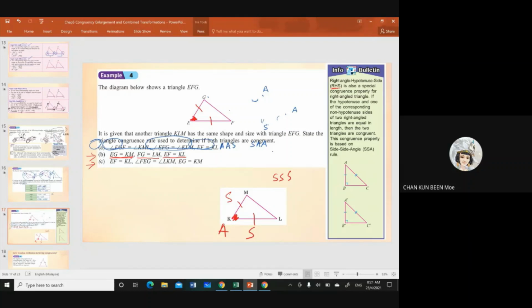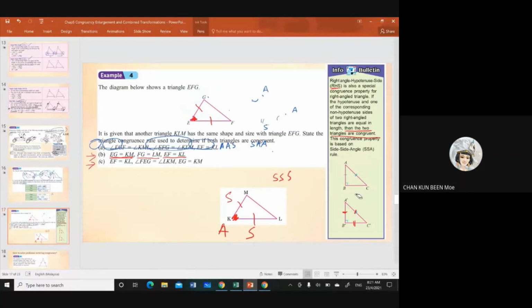This means it only involves the right-angled triangle. It can be this one with this, or it can be this one with this. This one only applies for right-angled triangles.